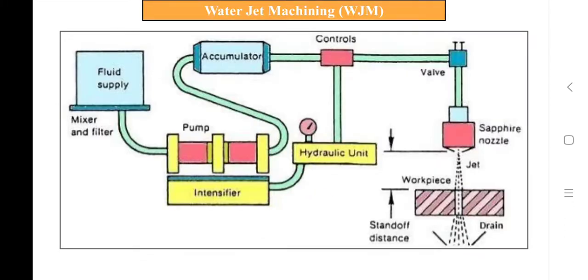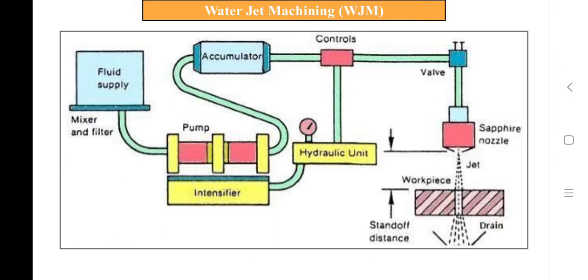Let's take again an overview of water jet machining. In water jet machining, that is WJM, a high velocity jet of water is used to remove material. Here a fluid pump is used to increase water pressure as high as 200, 500, 2500, and 4000 bar.